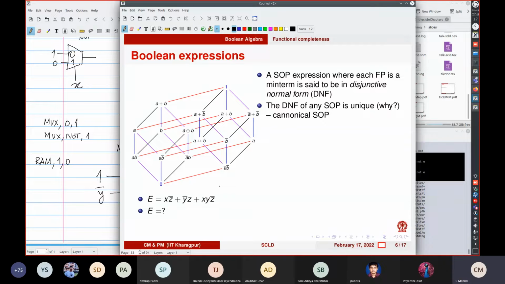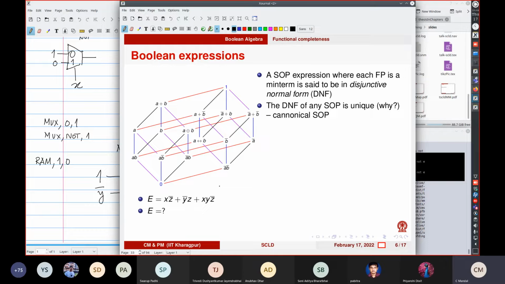Say you are given two Boolean functions, of course on the same set of variables.